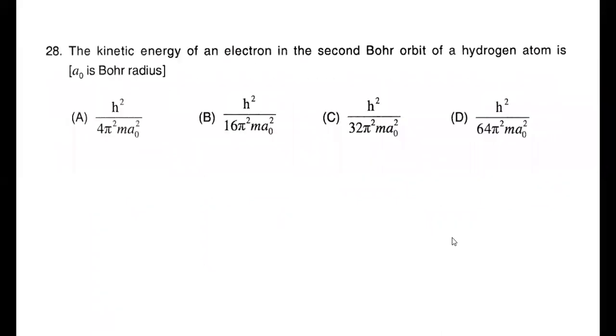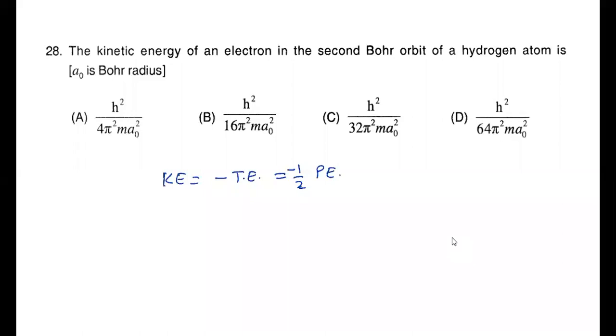So we all know that kinetic energy is opposite in sign to the total energy. So if we just want to write kinetic energy, as per the concept, kinetic energy is equal to minus the total energy, and half of the potential energy with a minus sign. This is the kinetic energy formula.